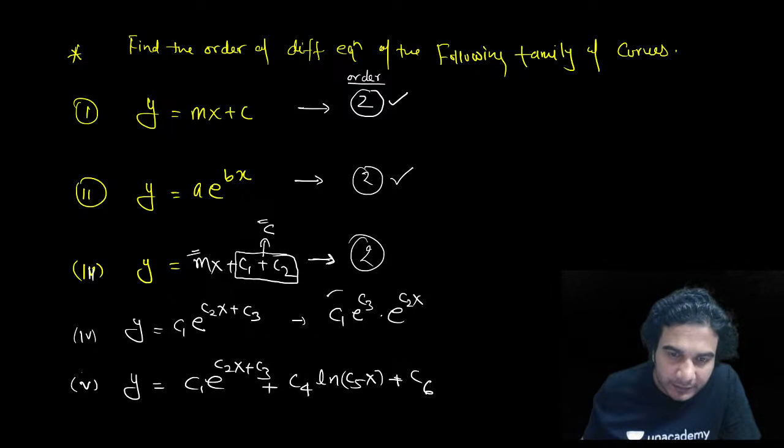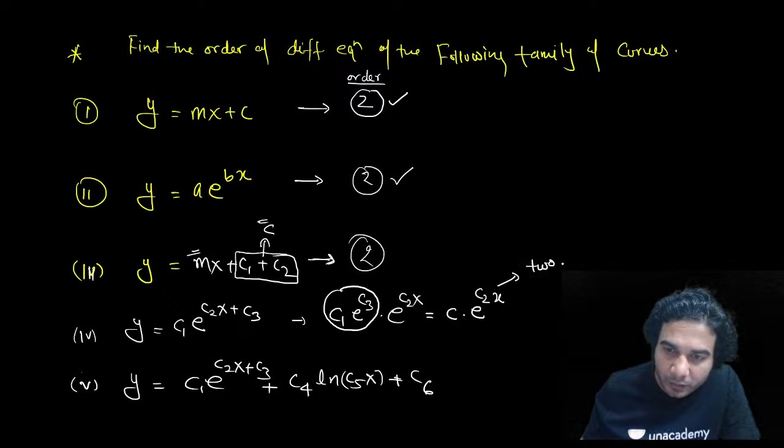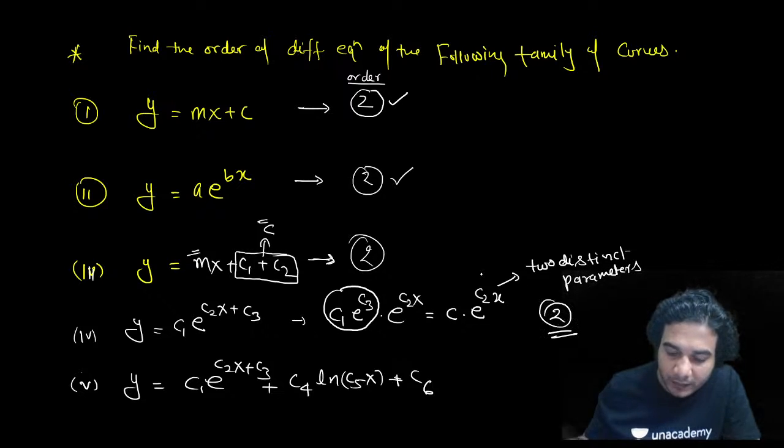Now this whole thing is a new parameter C. So you can write this as C into e raised to C2x. Now you can see it has two distinct parameters, so its order is going to be 2. Are you understanding it? Still your answer for the last one is wrong, okay?